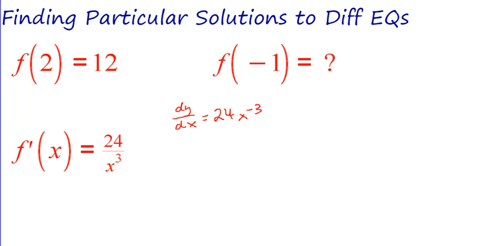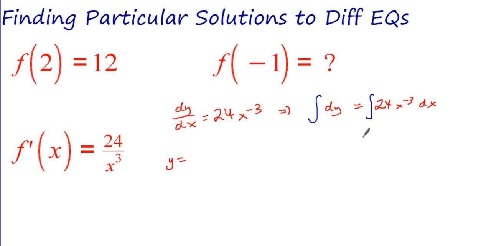So what am I going to do? I'm going to do my separation of variables, aren't I? I'm going to put all my y's on one side, which I don't really have any, and all my x's on the other, 24x to the negative 3 dx. I am primed and ready to integrate. The integral of 1 dy is just y.